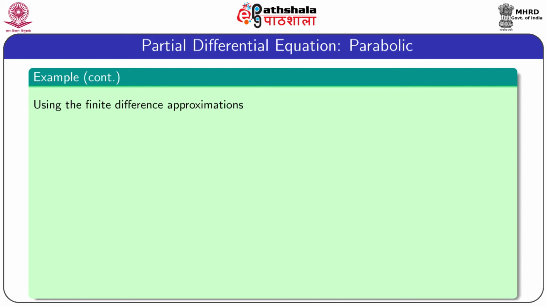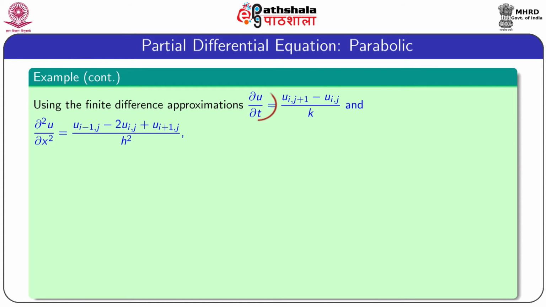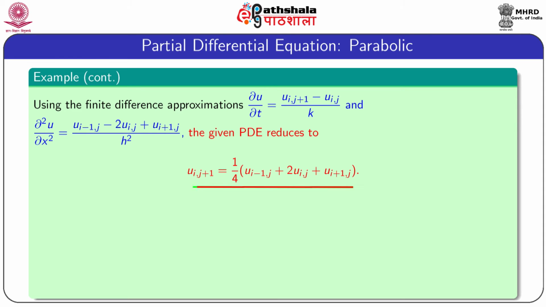Using the finite difference approximation, that means del u del t is given by the forward difference approximation, and del 2u del x2 is given by the central difference approximation. The given PDE reduces to this equation: u(i, j+1) equal to 1 by 4 times u(i-1, j) plus 2 u(i, j) plus u(i+1, j).